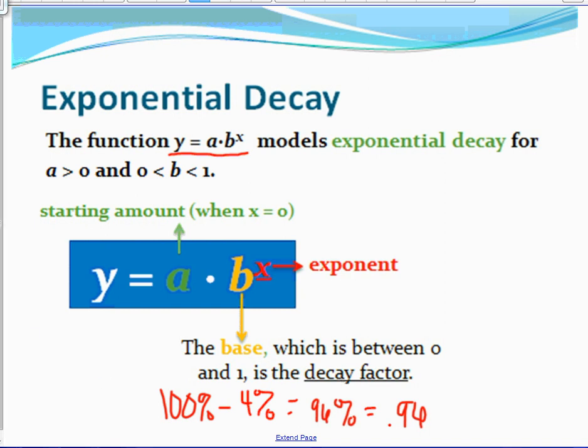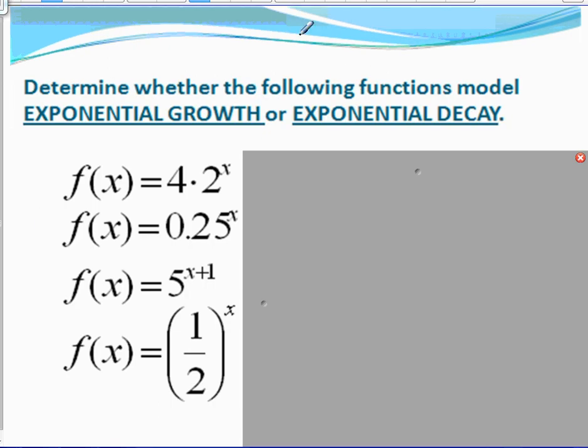All right. So it's good to be able to spot the difference between an exponential decay and an exponential growth. So we're just going to go through that real quick. Determine whether the following functions model exponential growth or exponential decay. So what you're looking at is the base number.